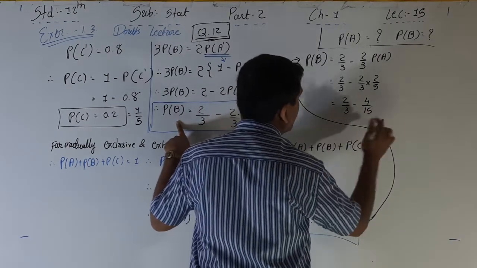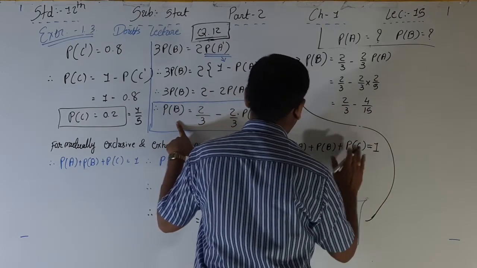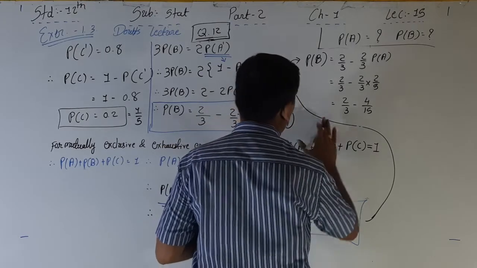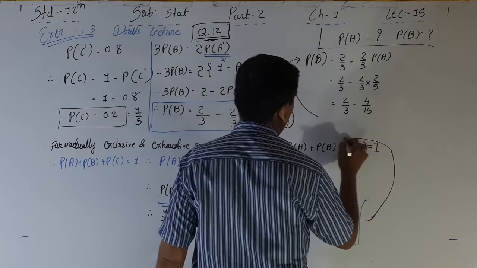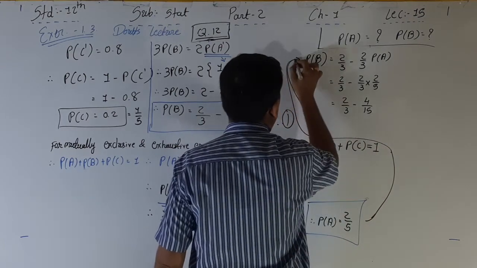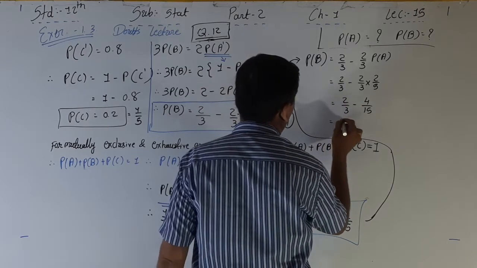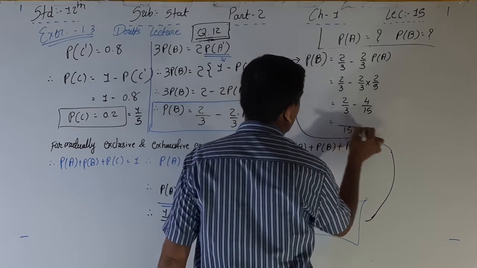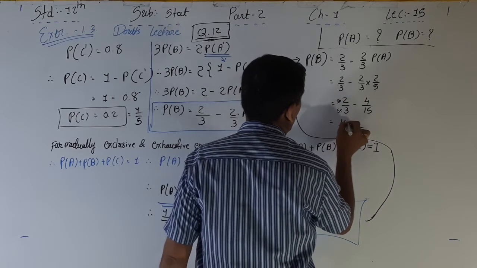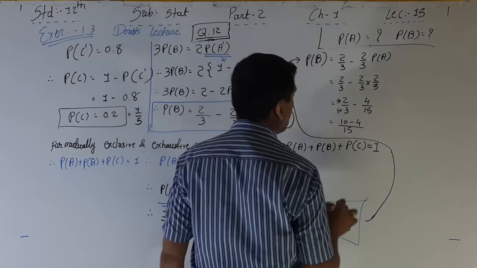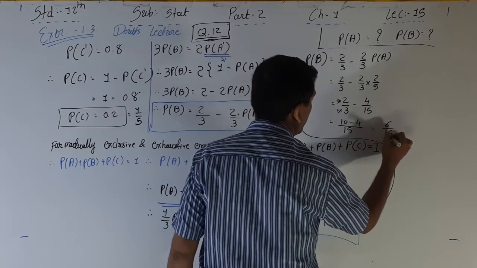Here we have to take the LCM for that, so 15 is your LCM. We multiply the first term by 5 and the second by 1. 5 twos are 10 minus 4, so 10 minus 4 by 15. The final answer is 6/15.